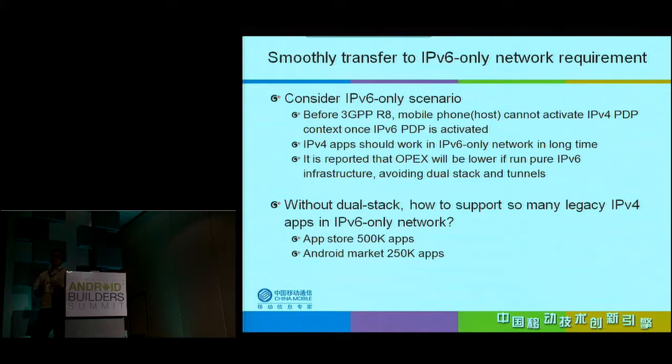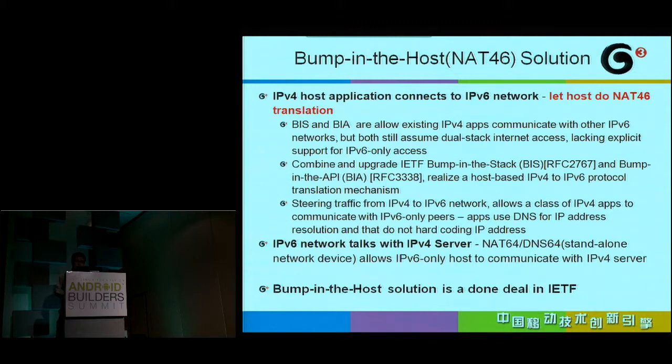But if China Mobile transfers to the next generation IP network, IPv6, these applications should work in the new network. And we have got a solution for this: Bump in the Host, a NAT46 solution.